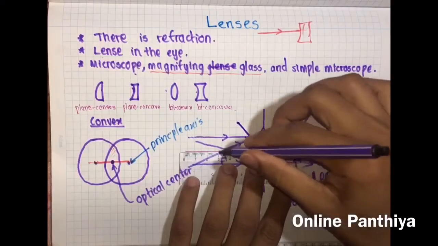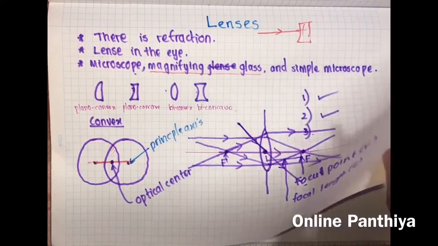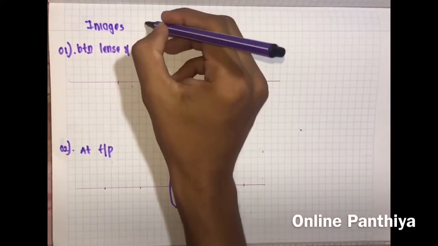You need to understand all these three types of rays in order to construct diagrams. Diagrams in the sense we are going to place the object in certain places and check where we get the image and the properties of the images. Now let us move on to the first part. Now all these are convex lens.